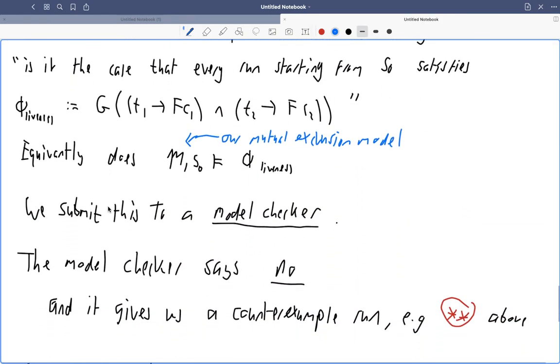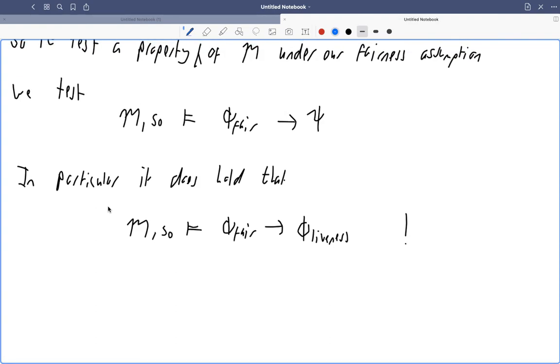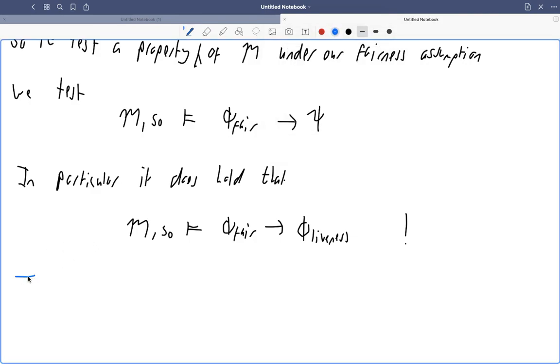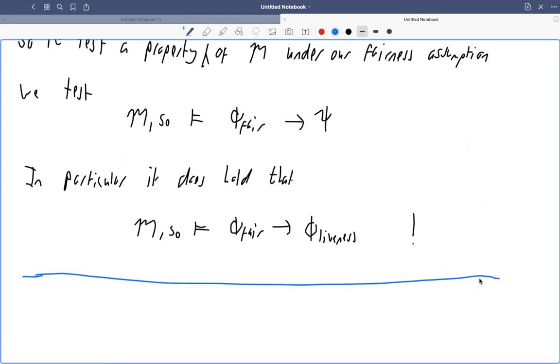And just to say right at the end, some equivalences.